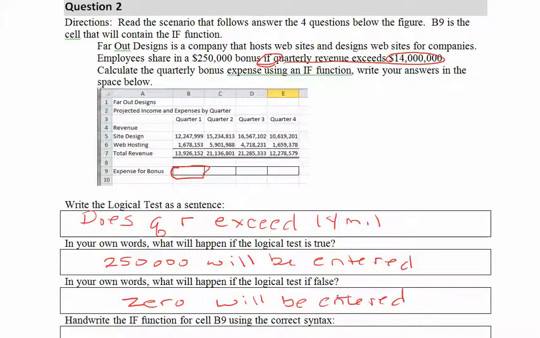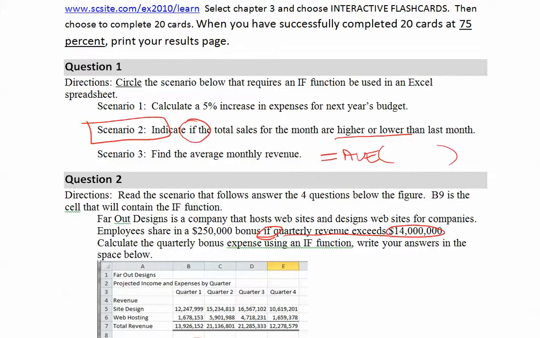Okay, now the last step here is to actually write the if statement out as it would be written on the computer.